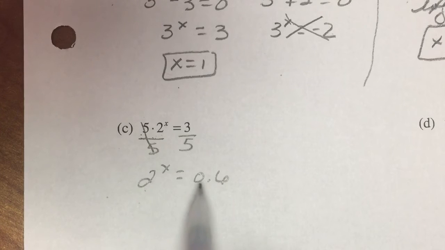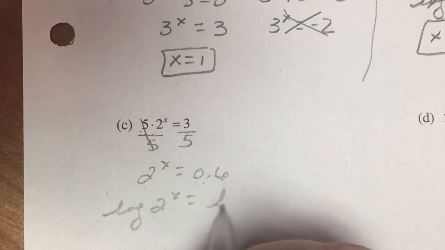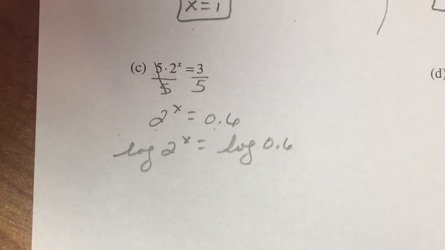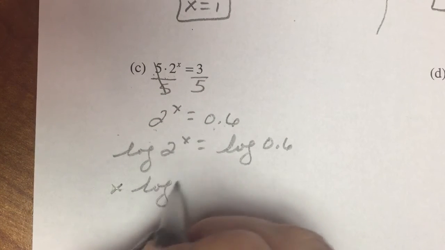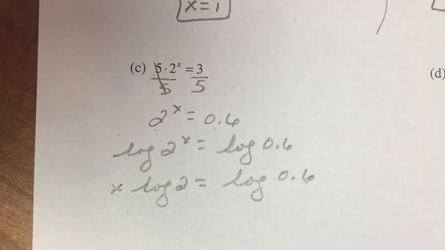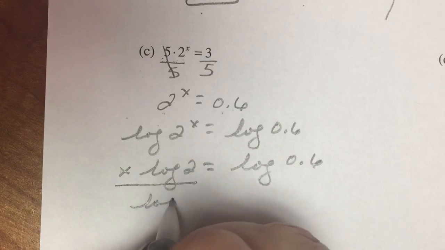So now again, I cannot get these bases to be the same. So I'm going to take the log of both sides, use the property, the x comes down in front, get the x alone by dividing by log 2.